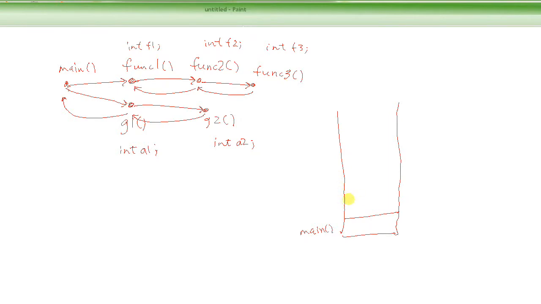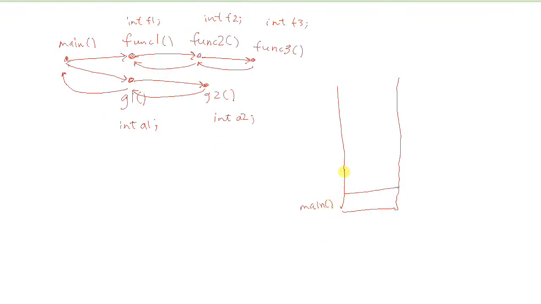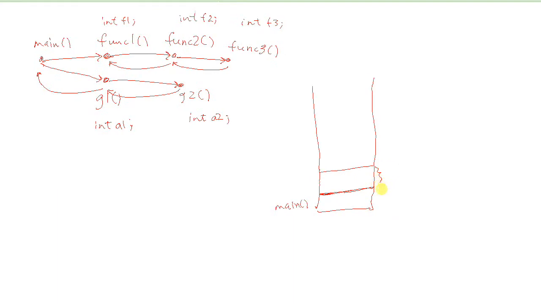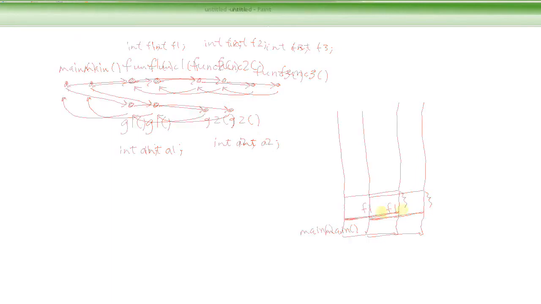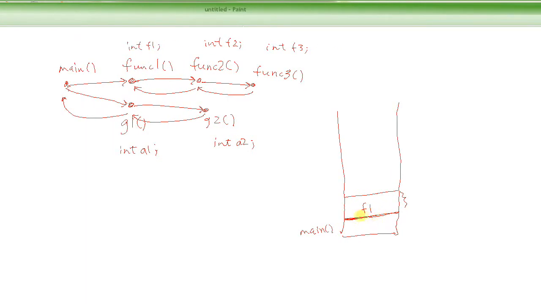Now when it calls func1, what happens is that a piece of the stack right after main, where main ends, is actually allocated for this function func1, and inside it we will have one variable called f1. This memory will be enough to hold f1, plus any parameters that this function might have.